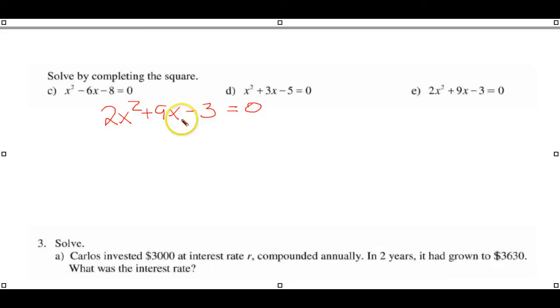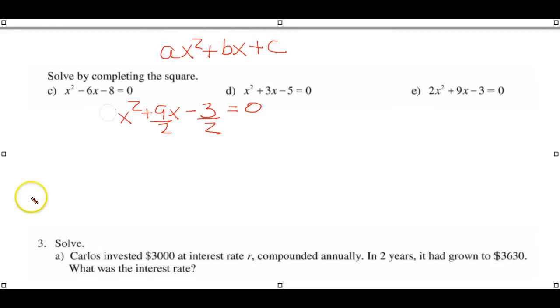Now, to use completing the square, we need to have a 1 for our a term up here. So in order to have a 1 here, I have to divide every term by 2. So this then becomes a 1, and I'll just erase it.